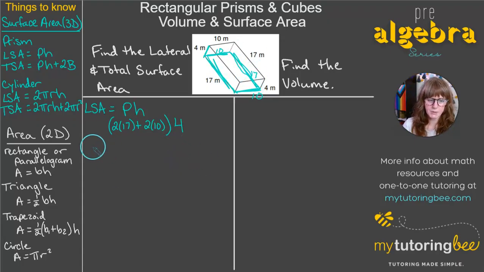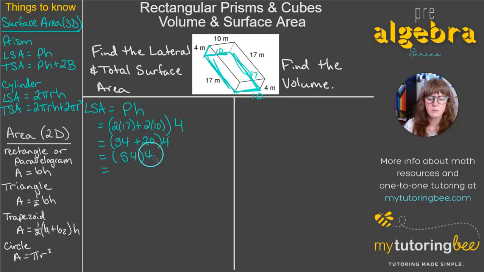So let's go ahead and calculate this perimeter first. So 2 times 17, let's see, that'd be 20 and 14, so 34. Plus 2 times 10 is 20. And then we've got times 4. And then 34 plus 20 is 54 times 4.